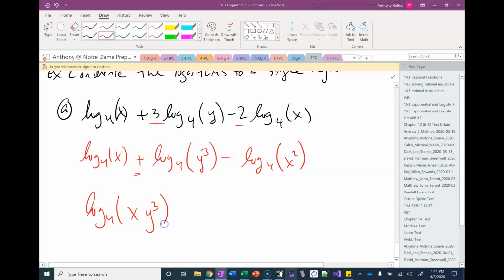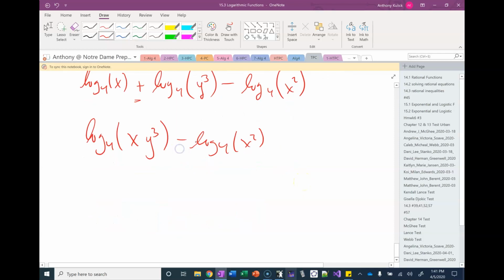So those are going to turn into the product inside of the single logarithm. And the next thing I'm going to do is look for my quotient property. So I'm looking for subtractions. I got one there. So again, the positive part is the numerator, and the negative part becomes the denominator. And there I'm left with a single logarithm.